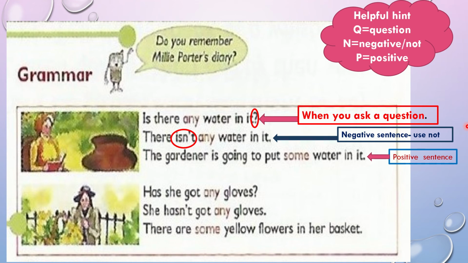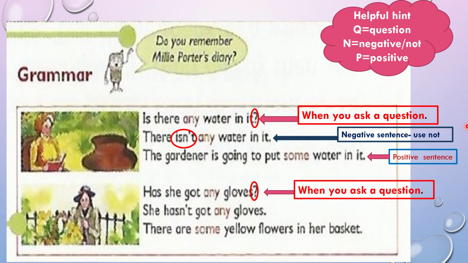Has she got any gloves? There is our question mark. So, this is when you ask a question. She hasn't got any gloves.